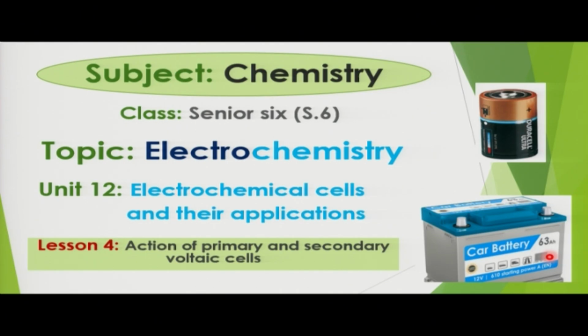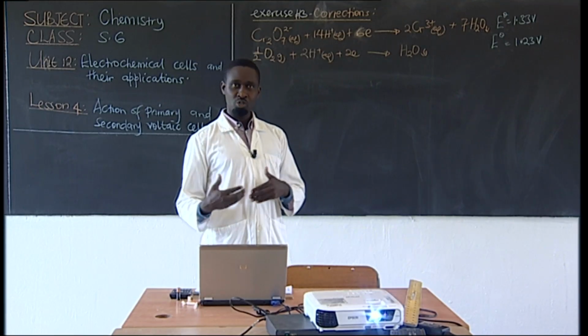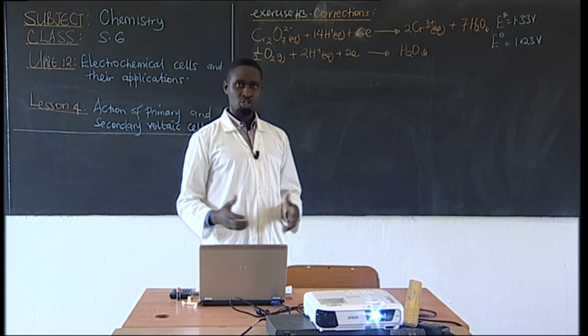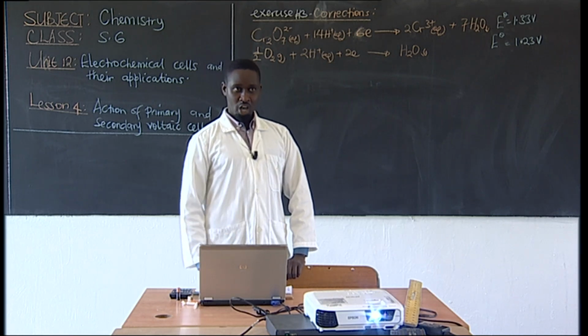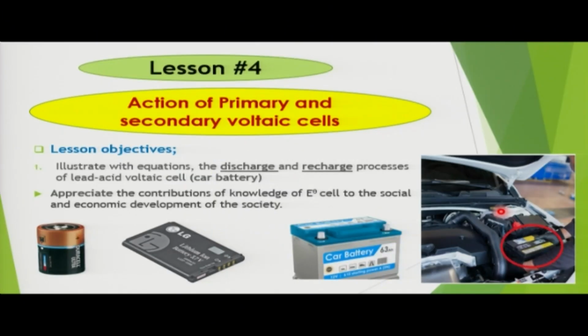Basically, today's work will be mainly on these two cells, since we already know how they come about from our previous lessons about the composition and the working of electrochemical cells. Our lesson objectives are to illustrate with equations the discharge and recharging processes of the car battery.